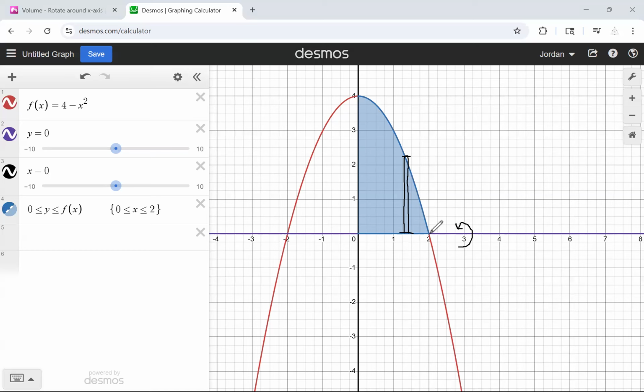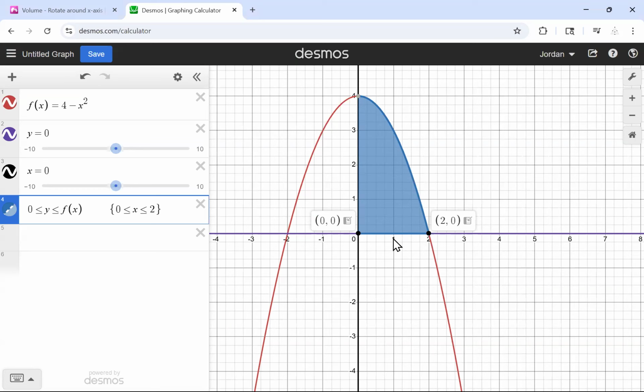Now, before I go any further, I do want to point out a couple of things, and that is this region, as far as x values, goes from an x value of 0 all the way up to an x value of 2. So when I'm integrating, I'm going to be integrating from 0 to 2 in terms of x values.